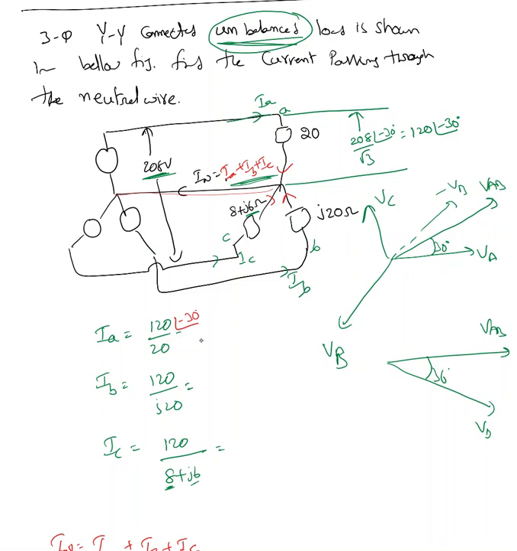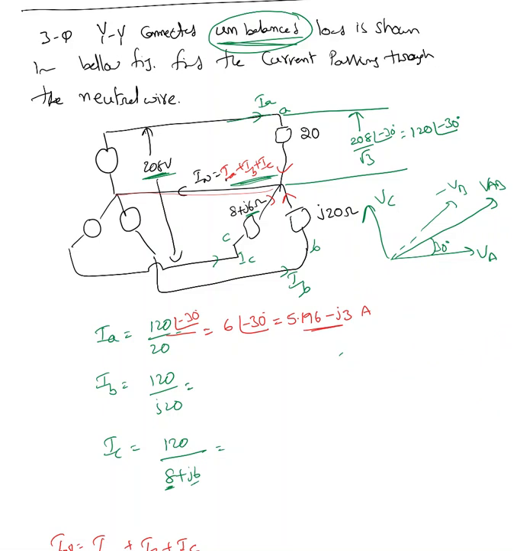So 120 over 20 at an angle of 0 is nothing but 6 at an angle of negative 30. I'm going to convert that from polar format to rectangular format. When I convert it, it is 5.196 minus j3 ampere. That's our IA.